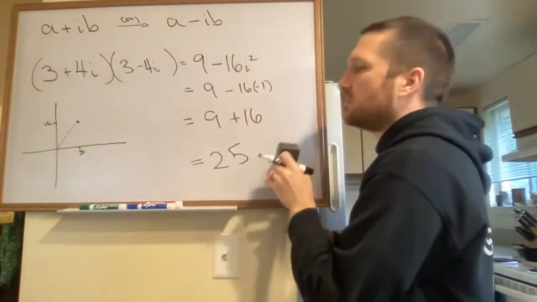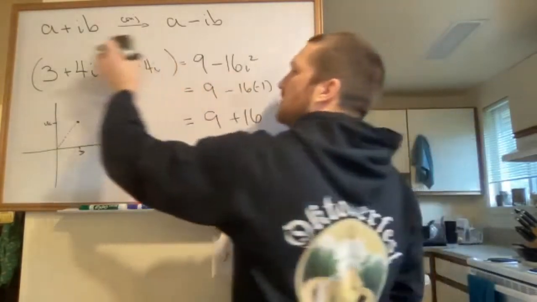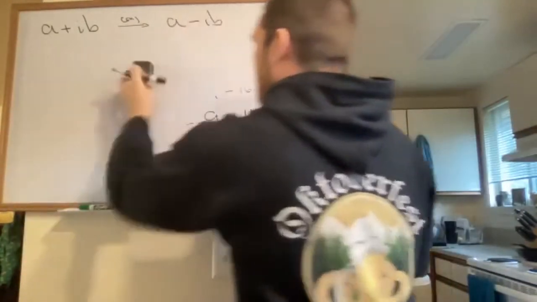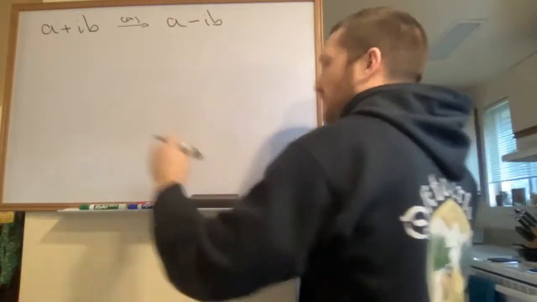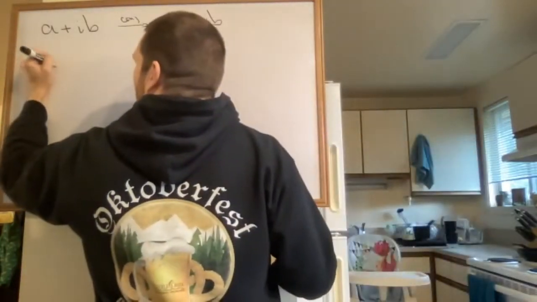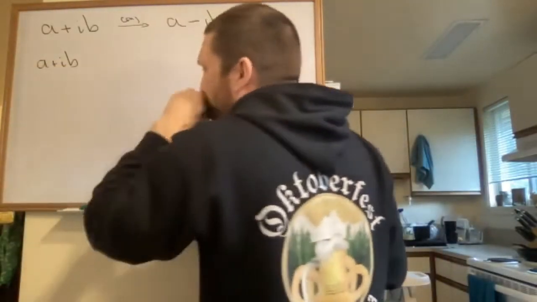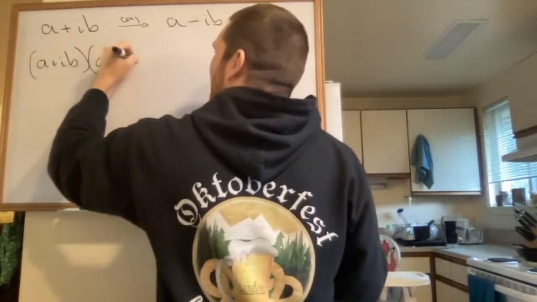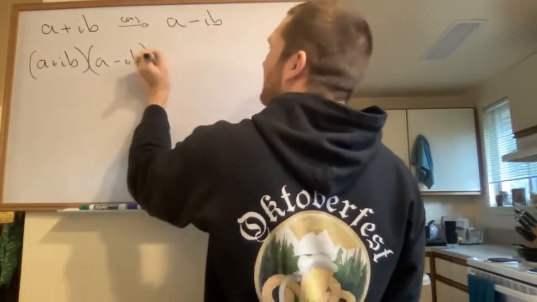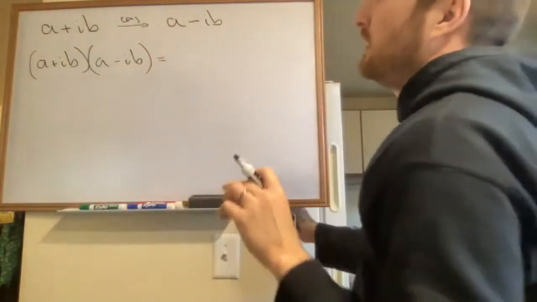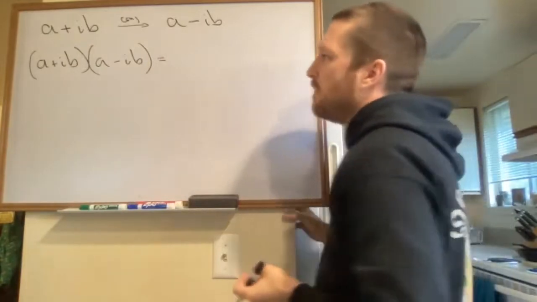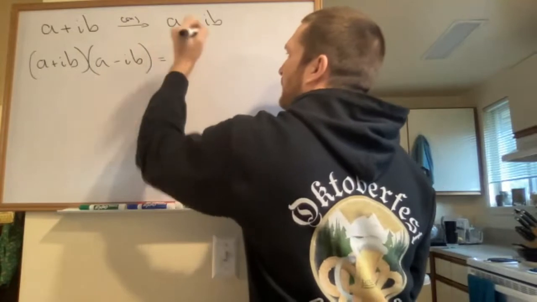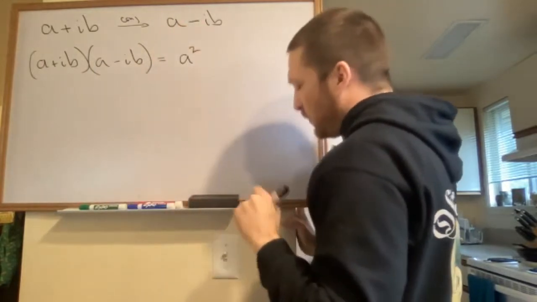Let's prove that that's always true for any number. Can I erase this right here? Okay. So same kind of picture. If I have a plus ib and I multiply it by its conjugate, a minus ib, what do I get? Well, first gives me what? A squared. The outer and the inner do what?